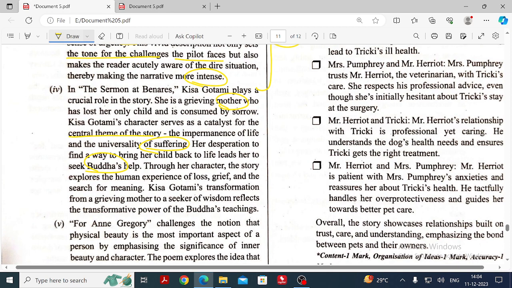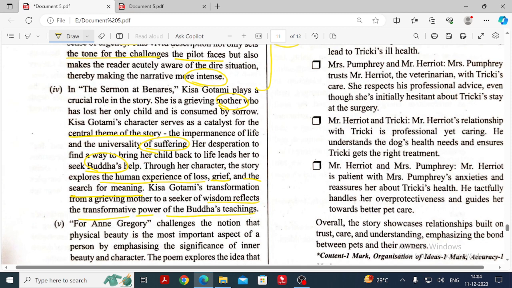Through her character, the story explores the human experiences of loss and grief and the search for meaning. And most importantly, the woman's transformation from a grieving mother to a seeker of wisdom reflects the transformative power of the Buddha's teaching.